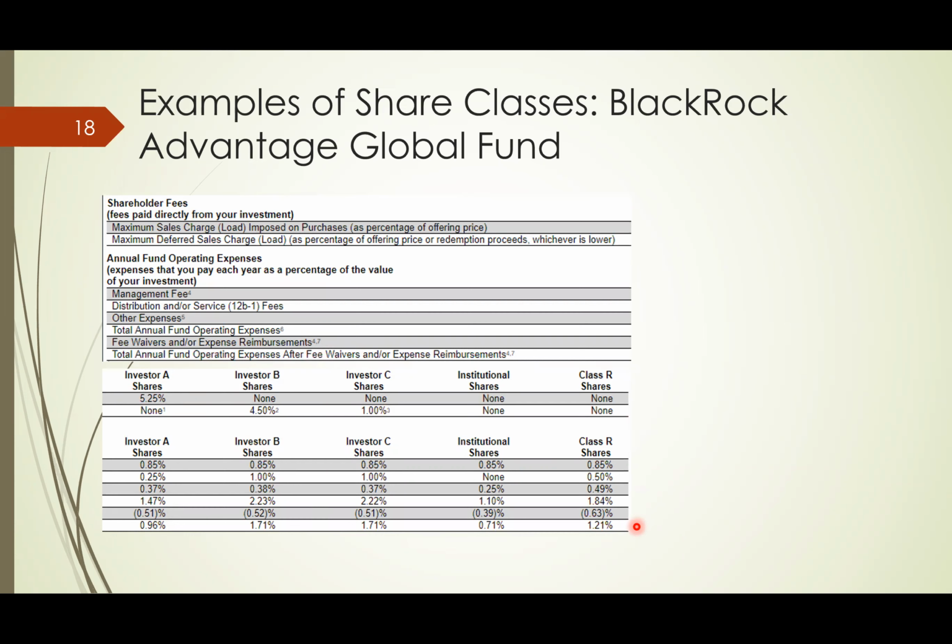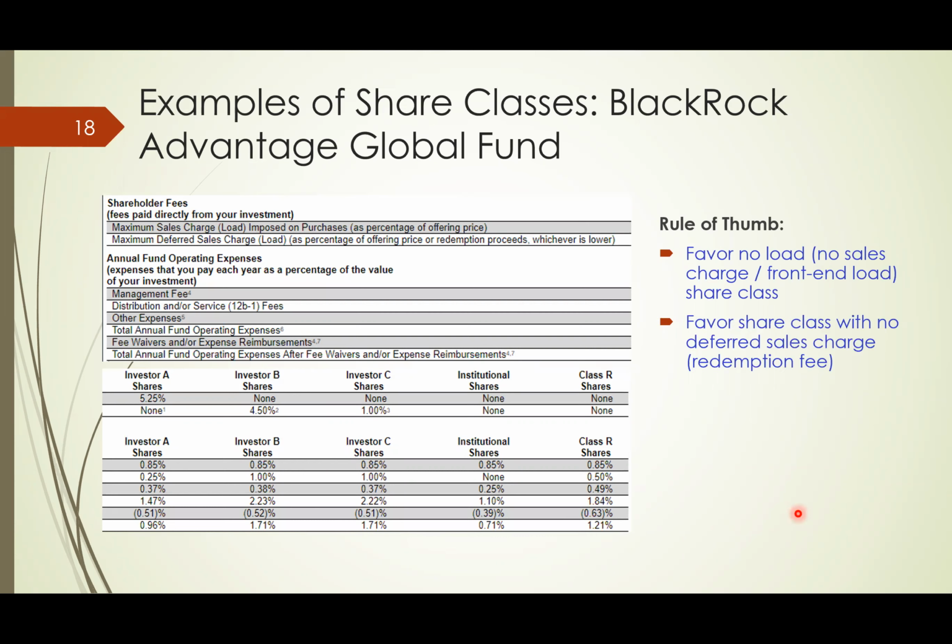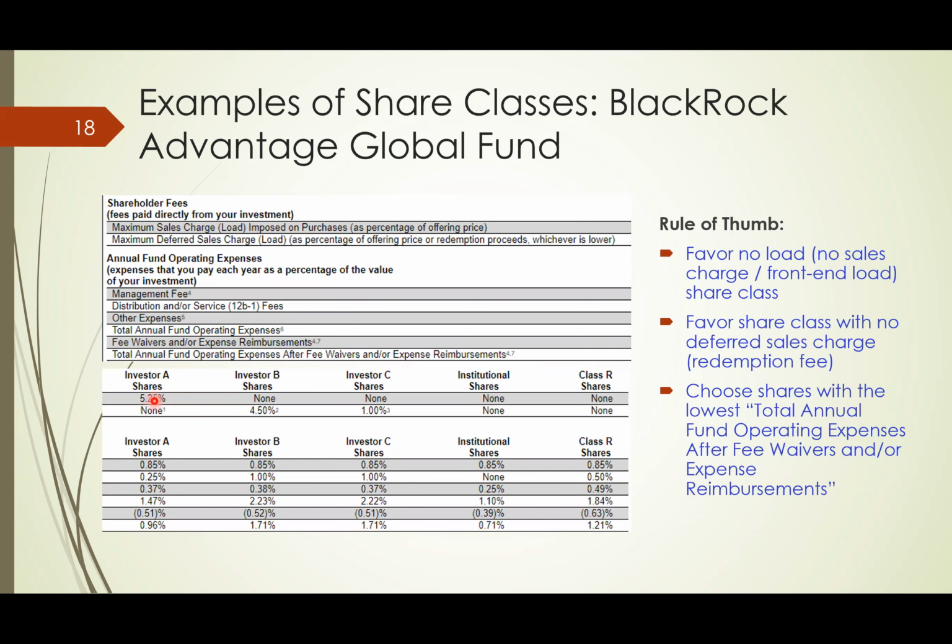So which one will be a better choice? The rule of thumb here is we want to choose those without front load or back-end load if possible. We want to choose those with the smallest expense ratio if possible, right? So if we use those criteria, we find the institutional shares are the most ideal because they have no front-end load, no back-end load, and the lowest expense ratio per year.